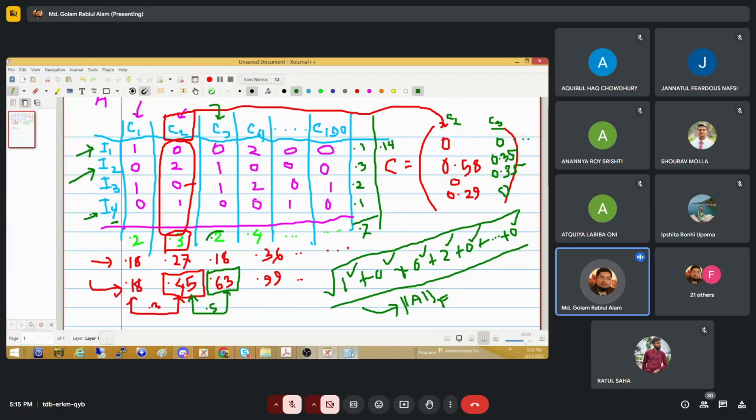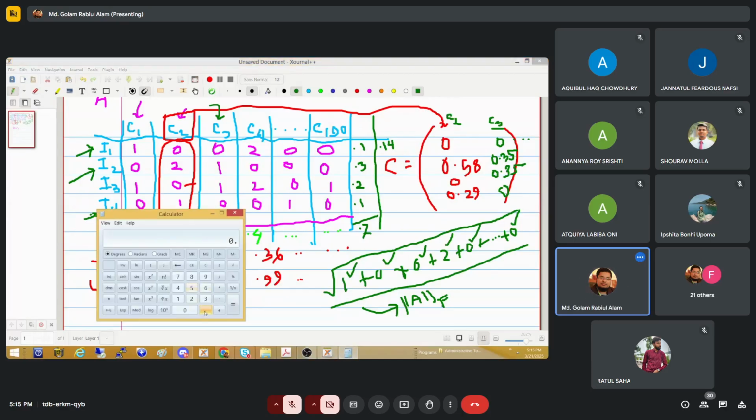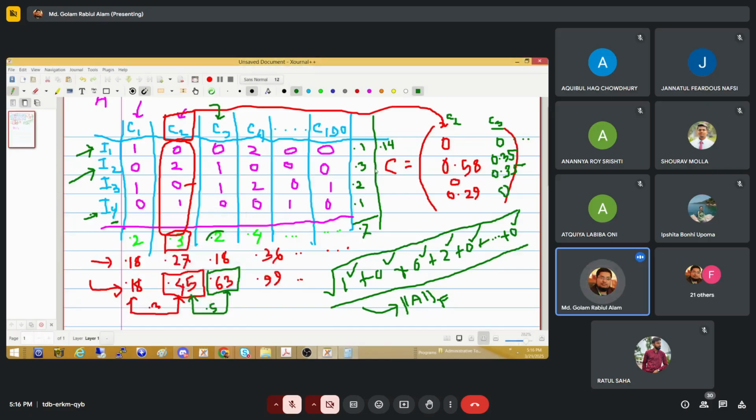The next one is 0.3, so 0.3 by 0.7 gives 0.428, that is 0.43.